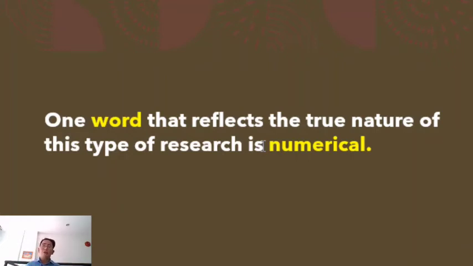Later on, we're going to talk about it as well. And measurement signals the existence of quantitative research. The term numerical is a descriptive word pertaining to or denoting a number or symbol to express how many, how much, or what rank things are or have in this world.